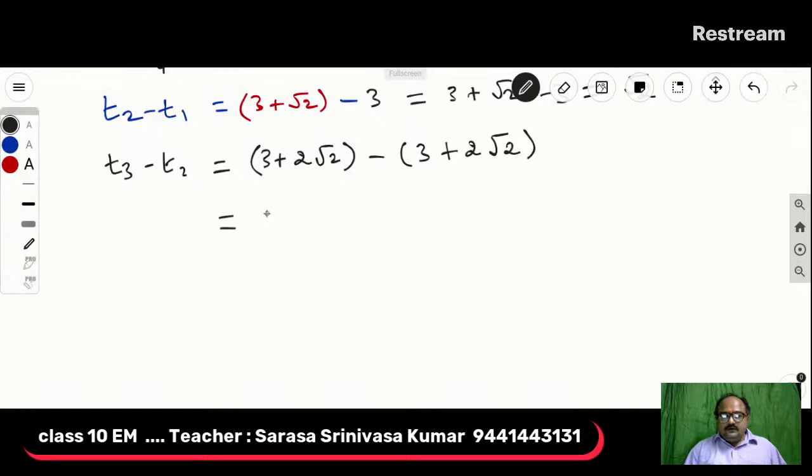This is equal to 3 plus 2 root 2 minus 3 minus root 2.